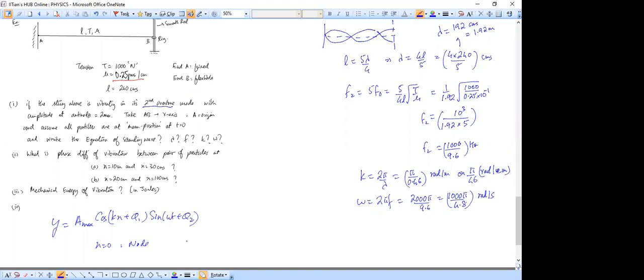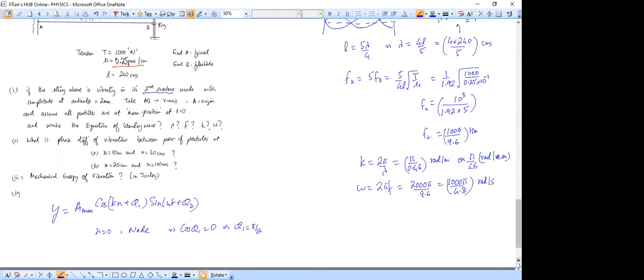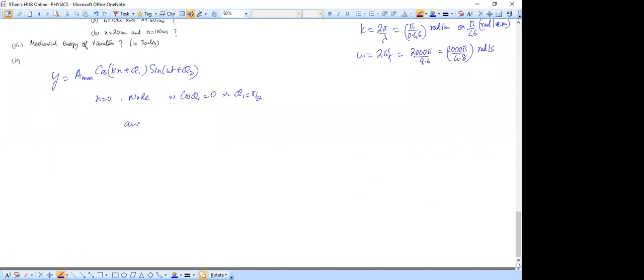So cos phi 1 should be 0. So phi 1 will take as pi by 2, and at t equal to 0, y should be 0. So sine phi 2 should be 0. So phi 2 will take as 0.